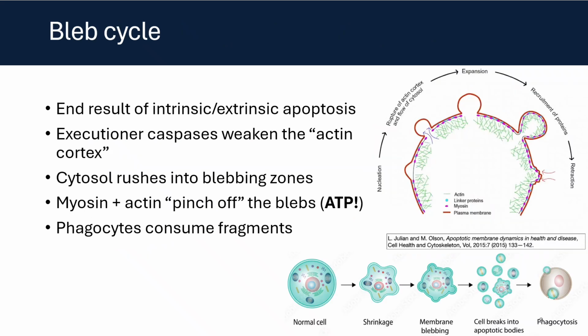With the cytoskeleton degrading faster by the millisecond, the cell hurtles towards the final stage of apoptosis, which is the bleb cycle, the end result of either the intrinsic and extrinsic pathways. Remember how the executioner caspases weaken the actin cortex of the cytoskeleton? Well, it's going to do that unevenly across the membrane's surface.